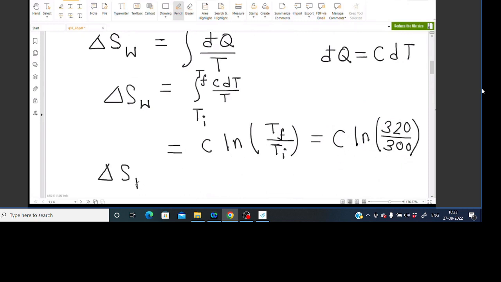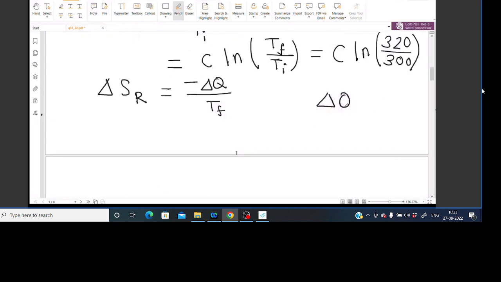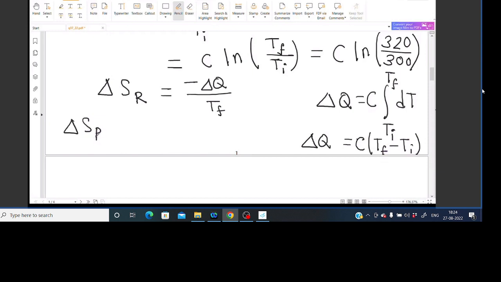Now the change of entropy of the reservoir is given by minus delta Q by Tf. This minus sign indicates that heat is released by the reservoir. So the entropy of the reservoir decreases. Here delta Q is equal to C times integral dT, where limits of the integration are Ti and Tf. So delta Q is equal to C times Tf minus Ti. So delta SR is equal to minus C by Tf into Tf minus Ti.